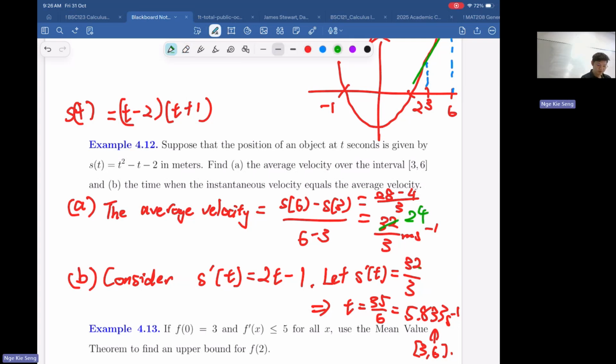So here 24, and then 24 plus 3, so here is 27. 27 divided by 6 is 4 point something, 4.5.